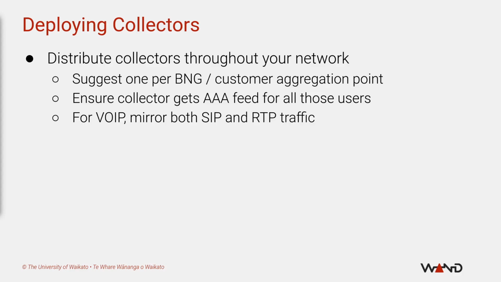The most important thing to remember is that your collectors need to receive a mirror of any corresponding AAA traffic for the users whose traffic is going to be seen by that collector, otherwise the collector cannot track sessions and user IP assignments properly. Similarly, for voice over IP interception, both the SIP and RTP traffic for a call must be seen by the same collector for an interception to be successful.